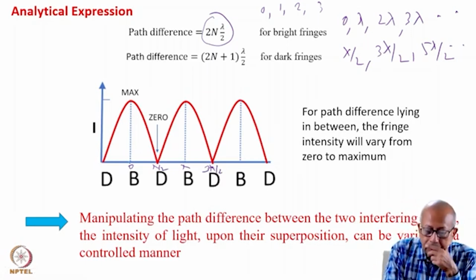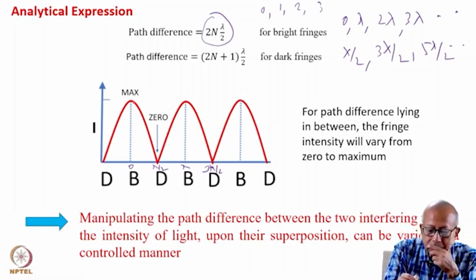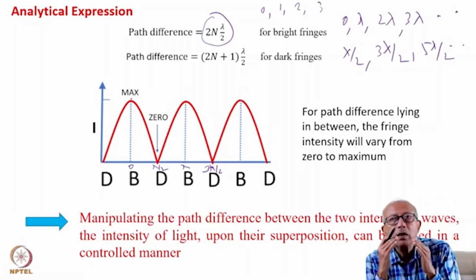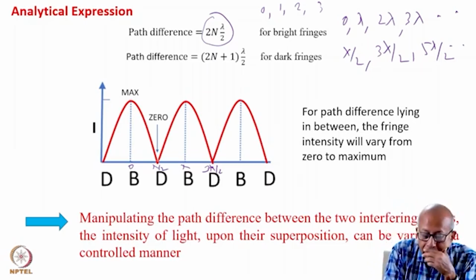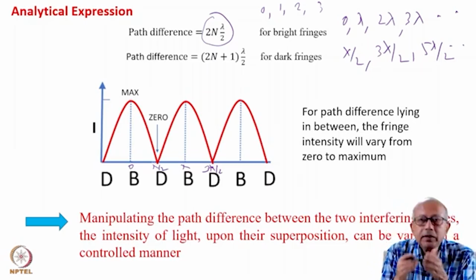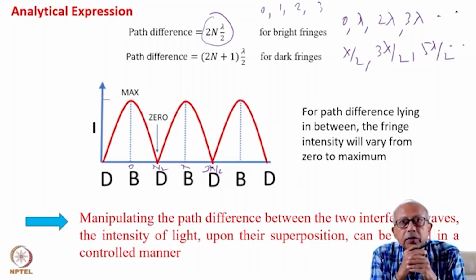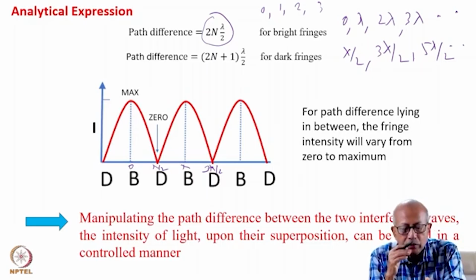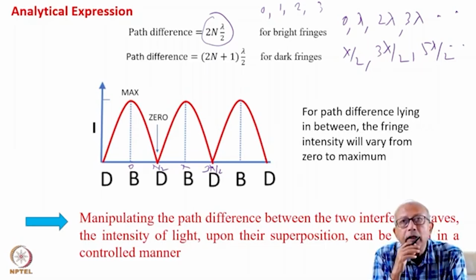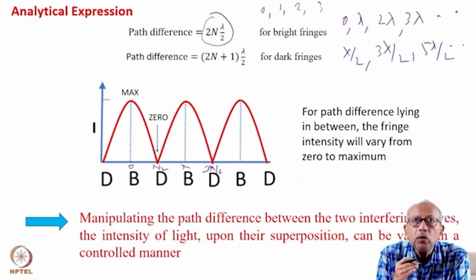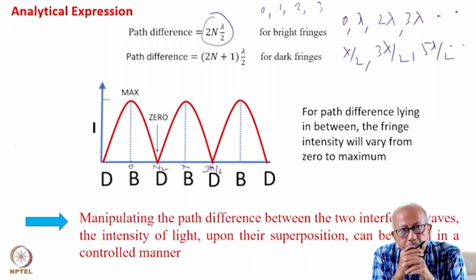So when the path difference is 0, intensity is maximum. It is the brightest spot. And when the path difference is lambda by 2, the intensity is 0, complete annihilation. Here is complete reinforcement, and here complete annihilation, 0 intensity.